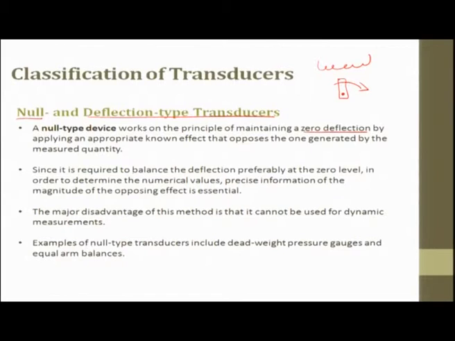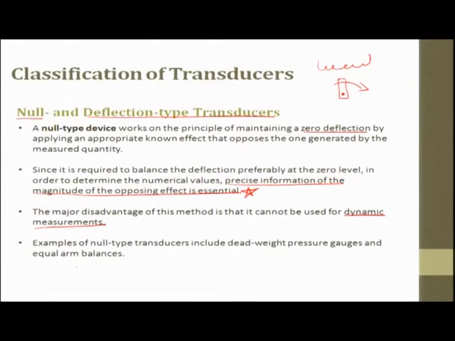Since it is required to balance the deflection preferably at the 0 level, in order to determine the numerical value, precise information of the magnitude of the opposing effect is essential. Since it has to bring back, this point is very important. The major disadvantage of this method is it cannot be used for dynamic measurement. Why?